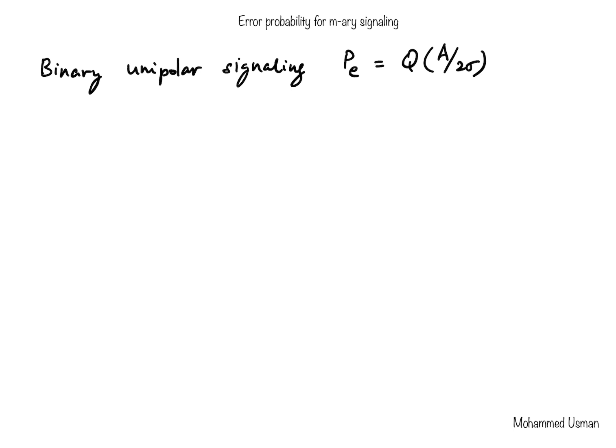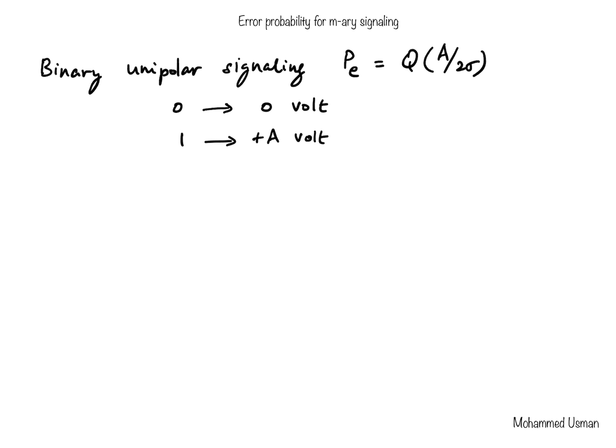In the case of unipolar, 0 is represented as 0 volt, and a bit 1 is represented as a positive voltage level, which we denote as A volt. So it is unipolar with a voltage level separation of A volt, and we got the error probability as Q of A by 2 sigma.